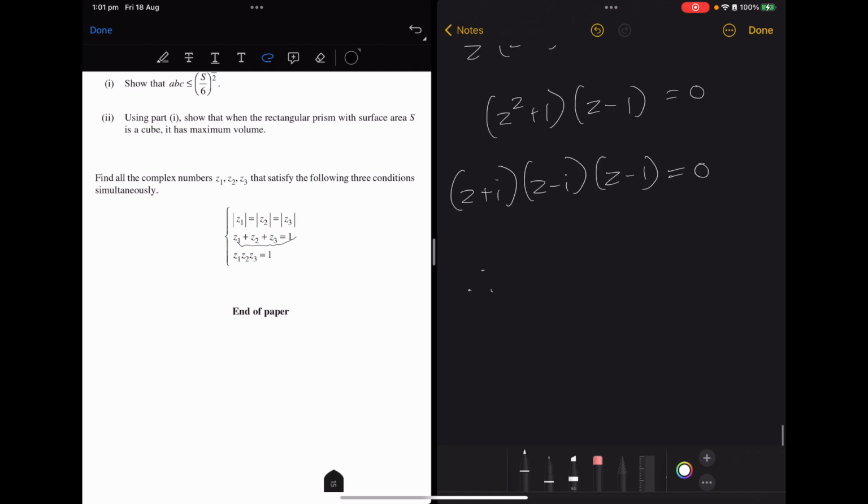Finally, the three numbers that solve are when z1, z2, z3 are the numbers 1, i, and negative i.